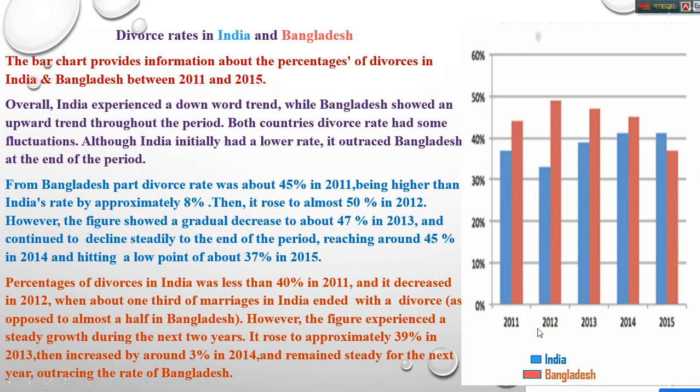So you have to go step by step together, right? And then this is the introduction. The bar chart provides information about the percentages of divorces in India and Bangladesh between 2011 and 2015.